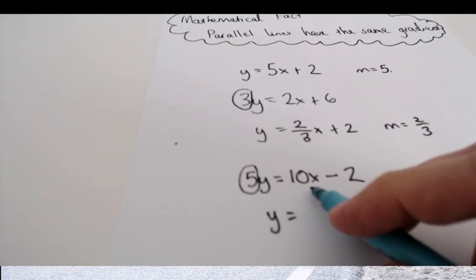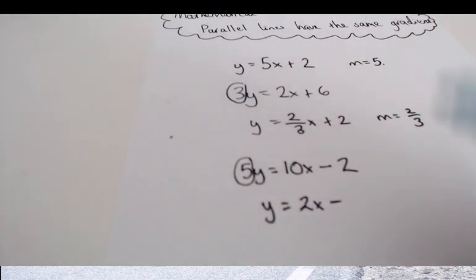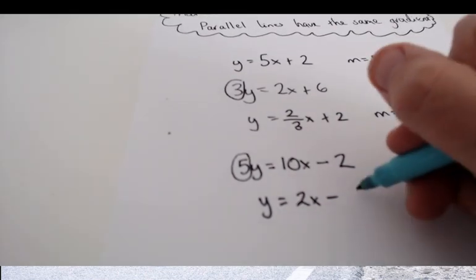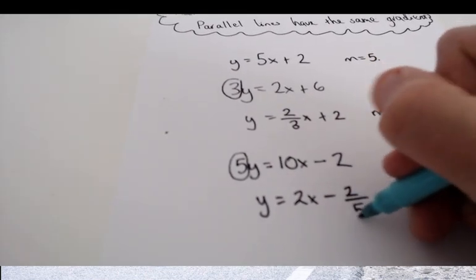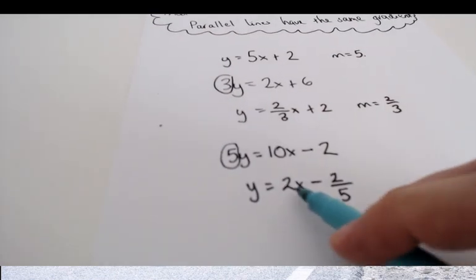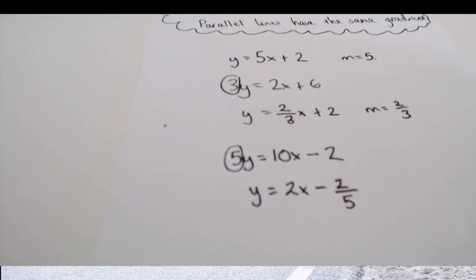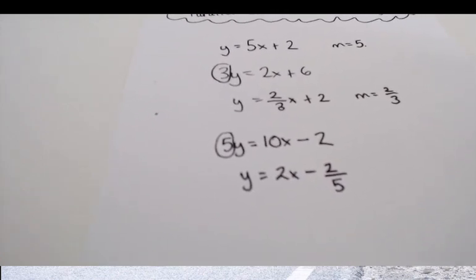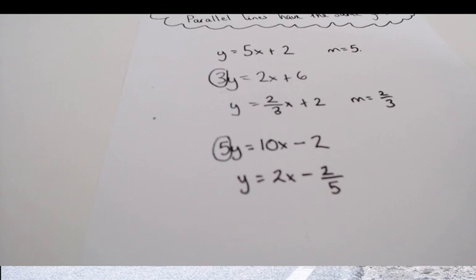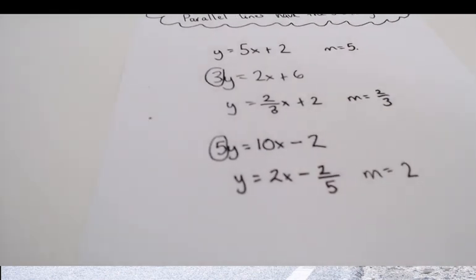I'm going to divide that by 5. 10 divided by 5 would make 2x. Take away. I need to divide this by 2/5. Now sometimes you will notice you end up with a whole number answer, sometimes you end up with a fraction answer. That's just higher maths, that's the way it rolls. Okay, the gradient, the equation says y equals, the gradient is now the number in front of the x, so m will equal 2.